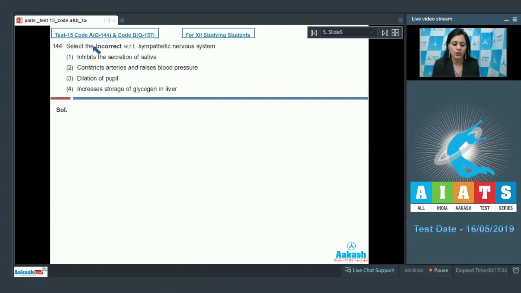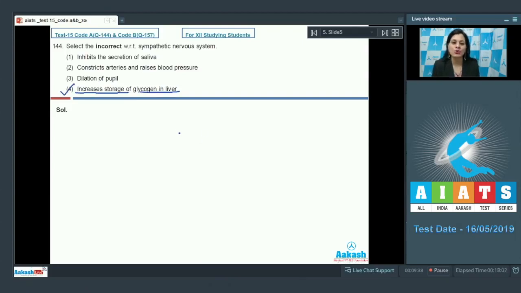Question number 144. Select the incorrect statement with respect to sympathetic nervous system. And the options are: inhibits the secretion of saliva, constricts arteries and raises blood pressure, dilation of pupil, and increases storage of glycogen in liver. And we know the correct answer to this question is option number 4, increases storage of glycogen in liver.